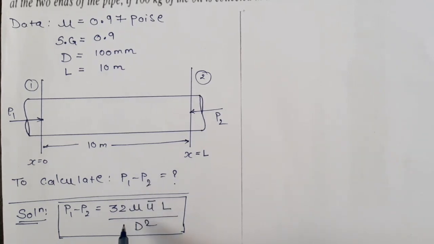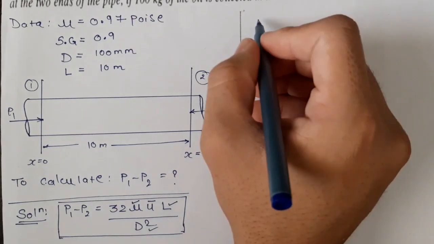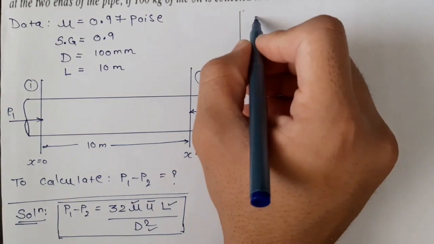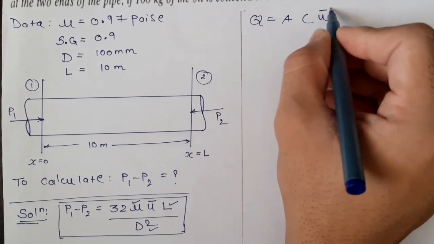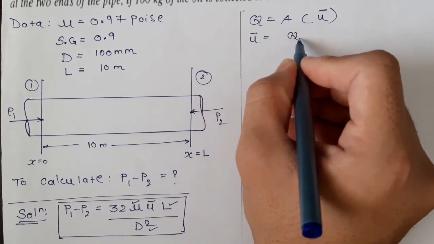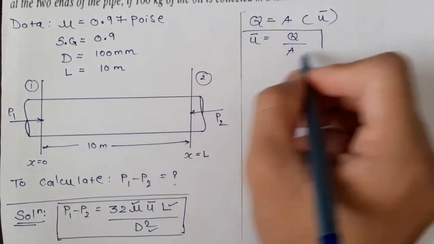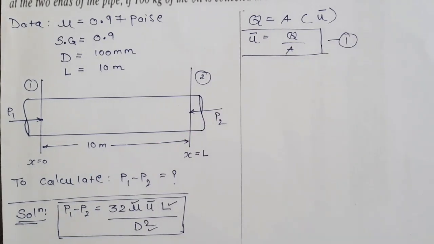So watching this equation, we get to know that we have the dynamic viscosity, length of the pipe and diameter. Now we want the average velocity. So we know the equation of discharge, that is Q, discharge, is equals to area of flow into average velocity. So from this equation, average velocity can be written as Q upon A. So this equation will be needed in further steps.